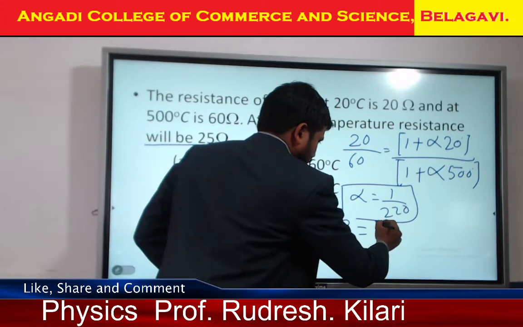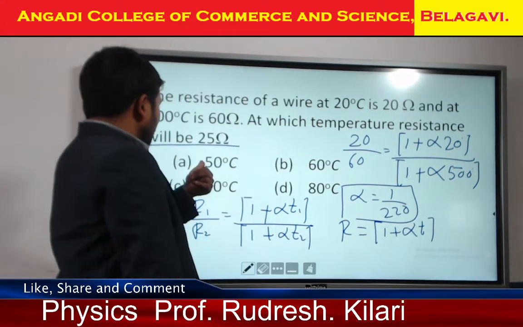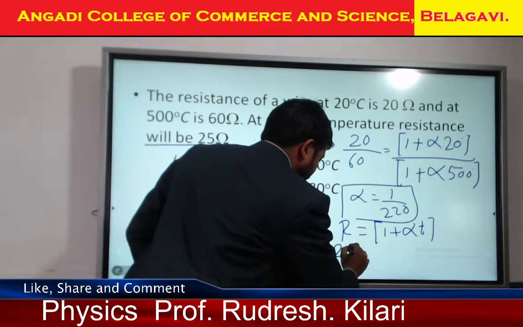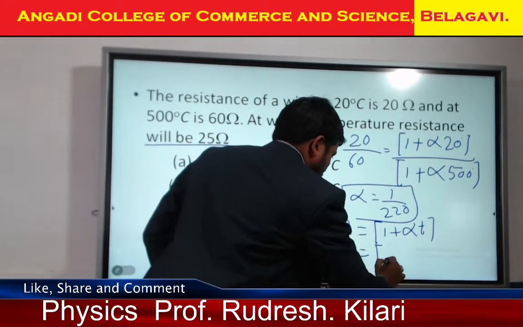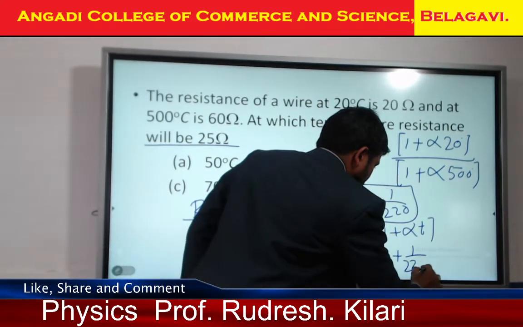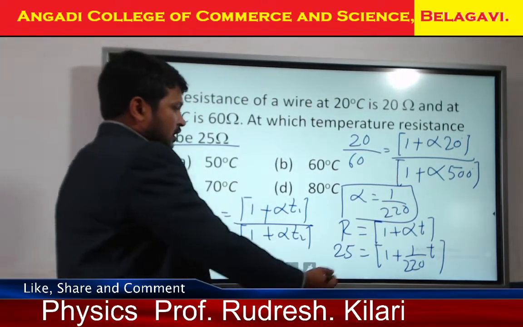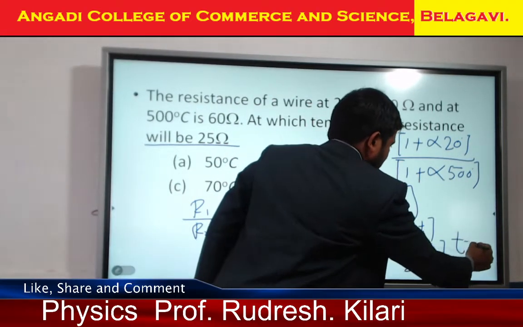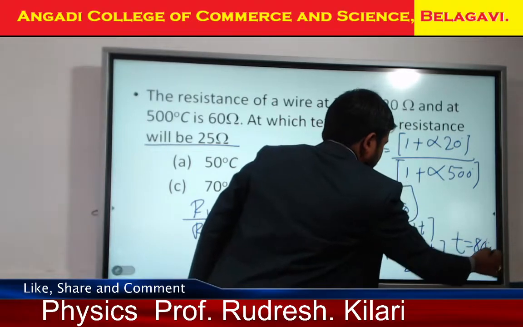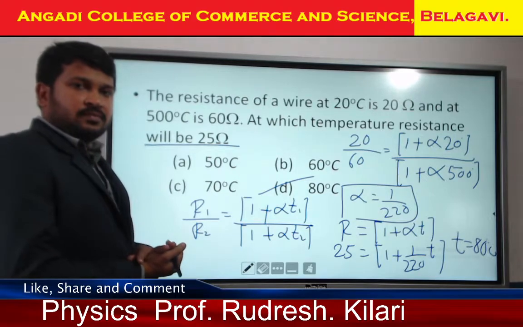R equals 1 plus alpha T, so 25 equals 1 plus alpha, which is 1 by 220, into T. We want T; by simplifying we can get 80 degrees Celsius. Option D is the right answer.